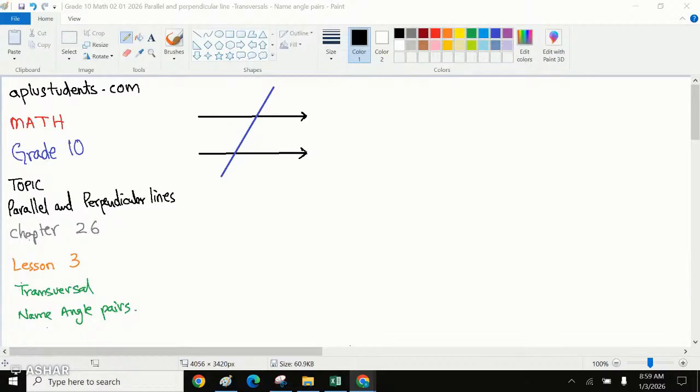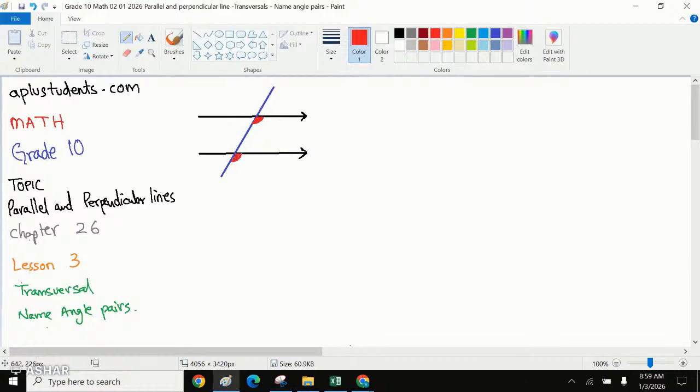Let's look at this. If we have a pair of parallel lines which are being intersected by another line, then we have a pair of angles in this case. So this angle here would always be equal to this angle over here.